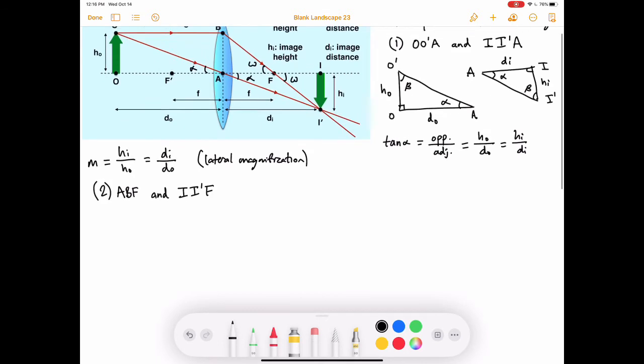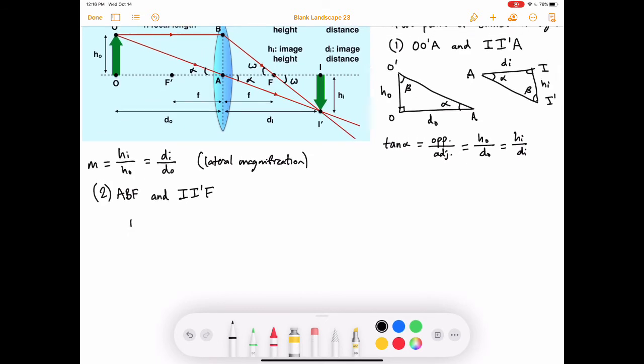And again, let's draw the two triangles. We have ABF. So point B is up here, point A is down here. And then point F is over here. This is a right triangle. The angle omega is right here. And let's call this angle up here, I don't know, epsilon.